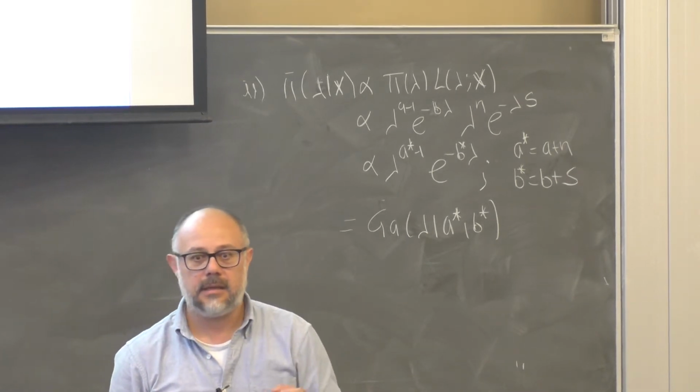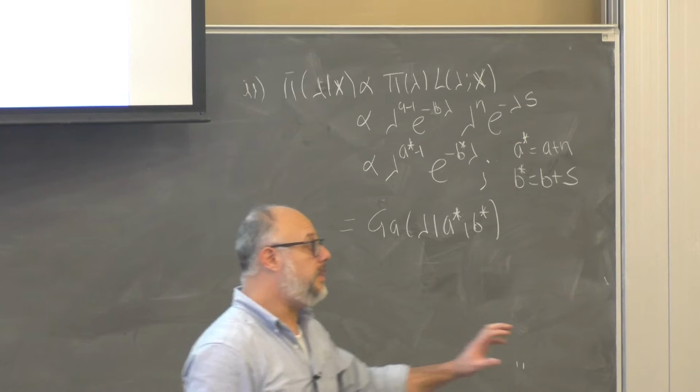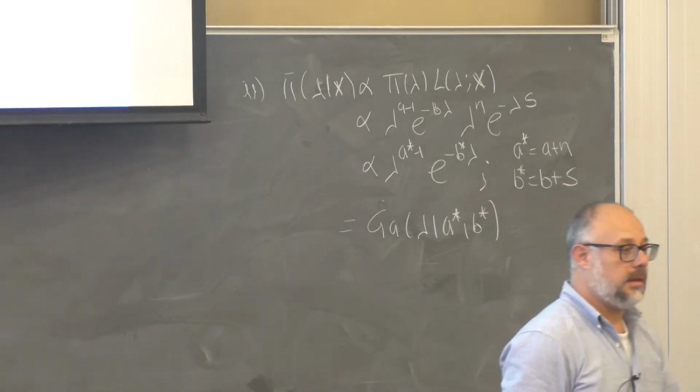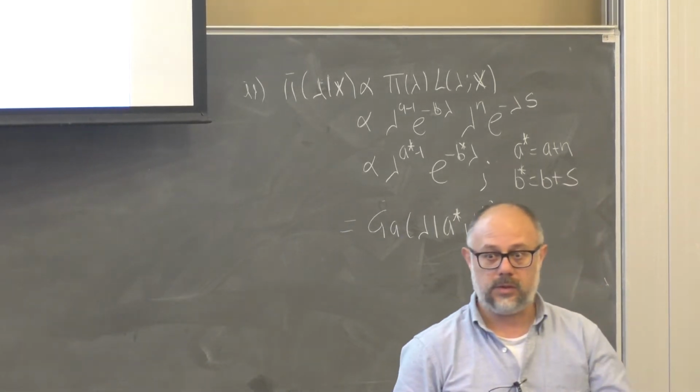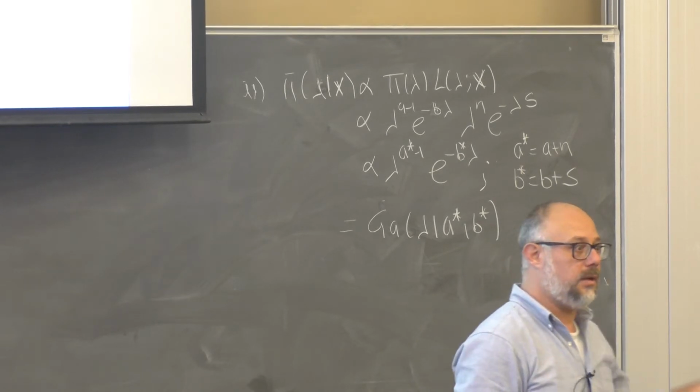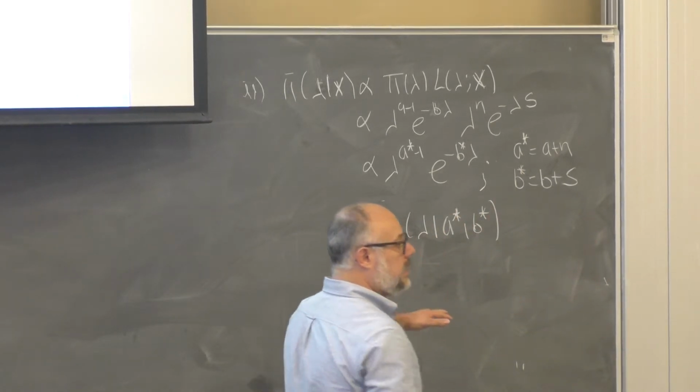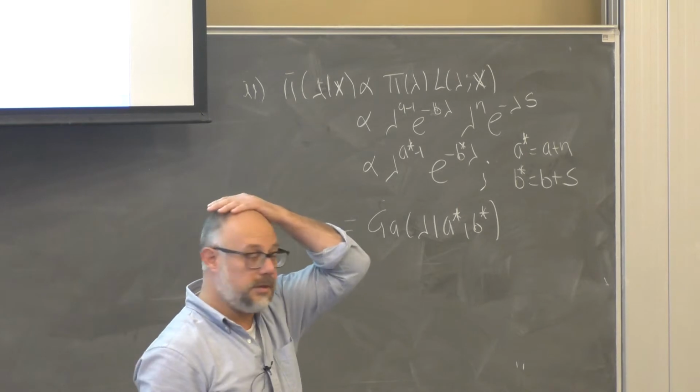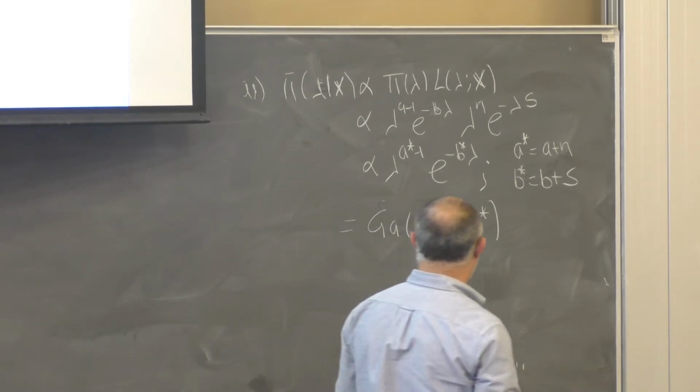And that is, again, from a Bayesian learning perspective, the end of the story. Okay? That's what we've done so far. We know how to do this. The new thing is how we do inference based on this.